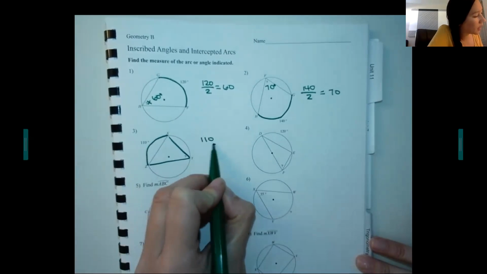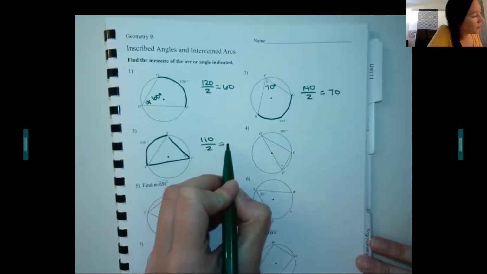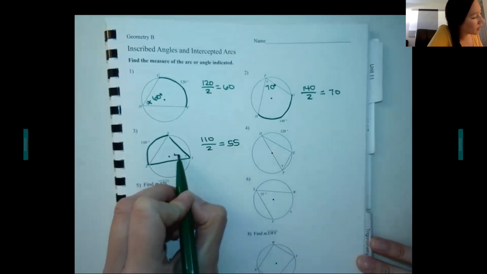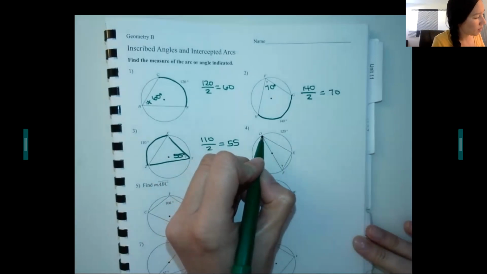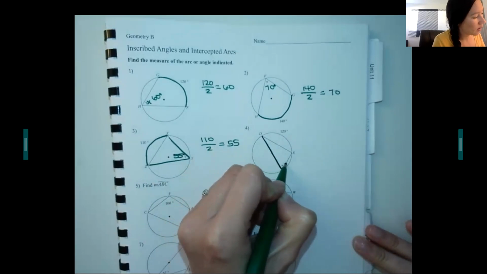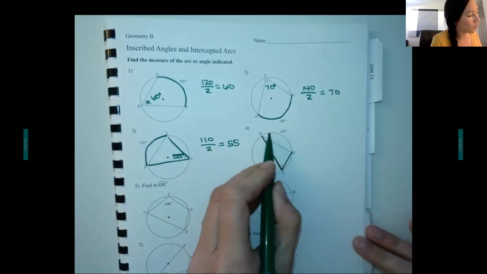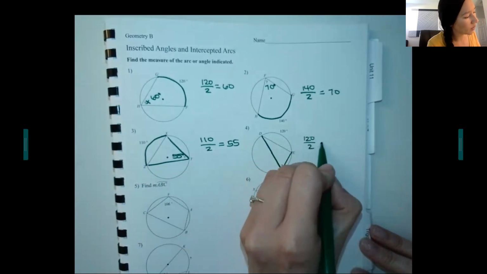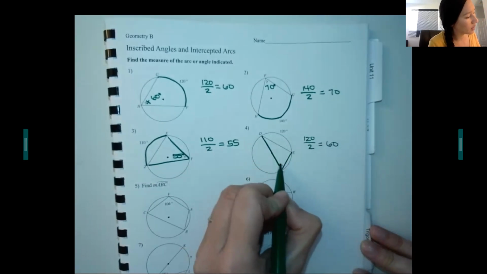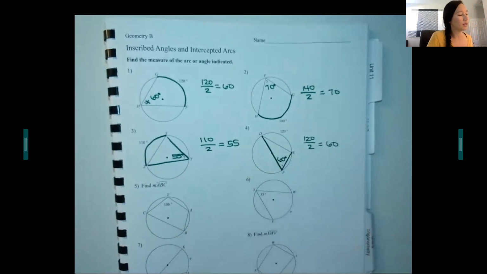So we're going to take 110 and divide that by 2, which means that angle is 55 degrees. And then here for number 4, we have this angle and its arc is 120. So we take 120 and we divide that by 2, which means this angle is 60 degrees.